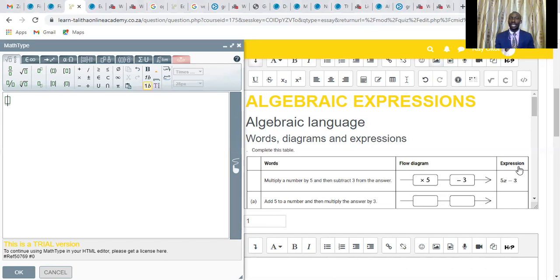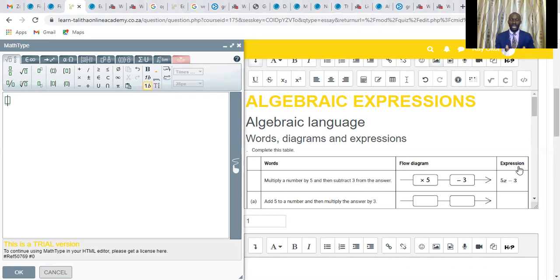Now here is one case: multiply any number. Since the number is not given, we would like to represent it with, say, a letter x. So when they say multiply a number by 5, that means you think of any number x, multiply it by 5, and then subtract 3 from the answer.